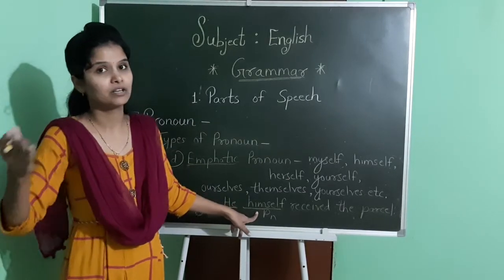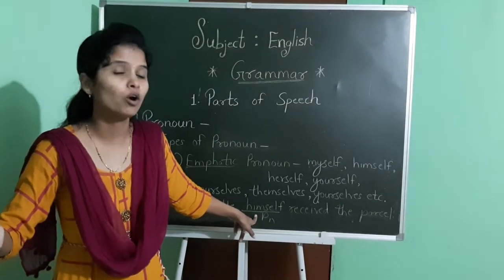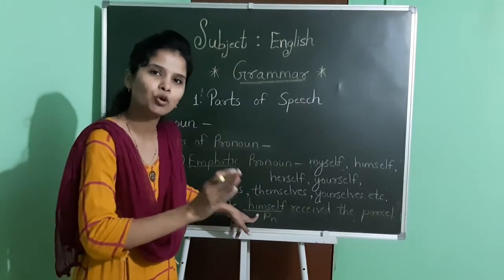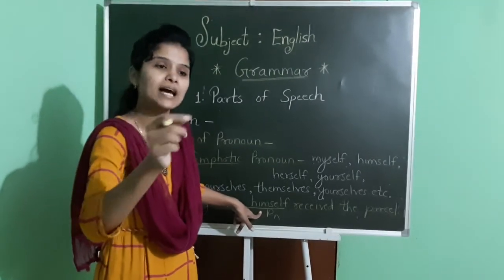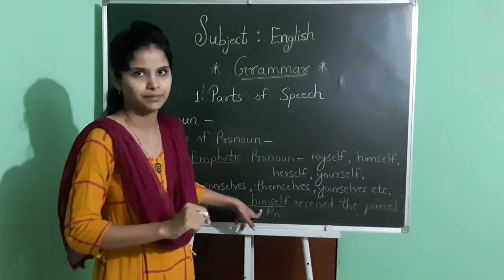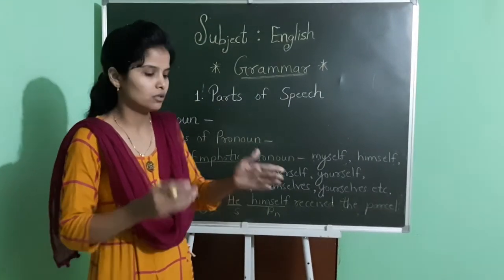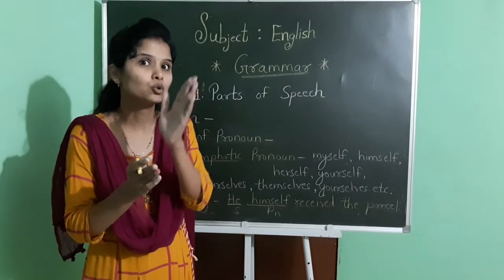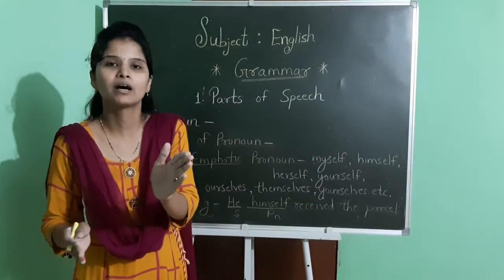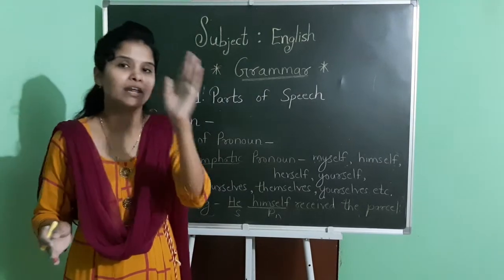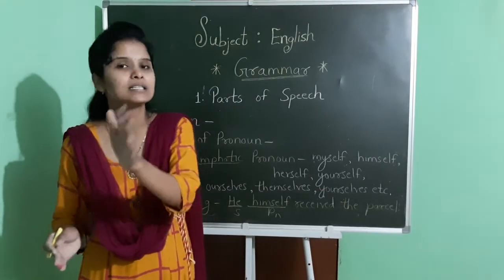But in the case of reflexive, what had we seen? Reflexive pronouns come after the verb, because there we try to emphasize action, the verb only. Understood? So you have to remember one thing: reflexive pronouns come after the verb and emphatic pronouns come after the subject.